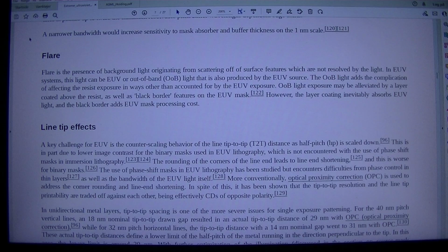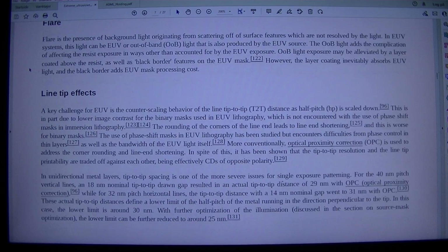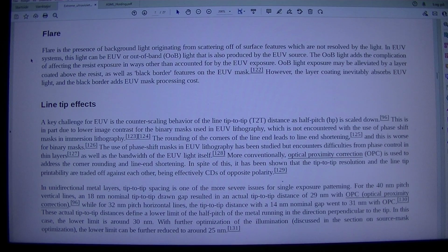[120, 121] Flare. Flare is the presence of background light originating from scattering off of surface features which are not resolved by the light. In EUV systems, this light can be EUV or out-of-band, OOB, light that is also produced by the EUV source.